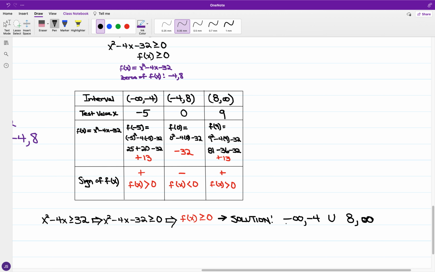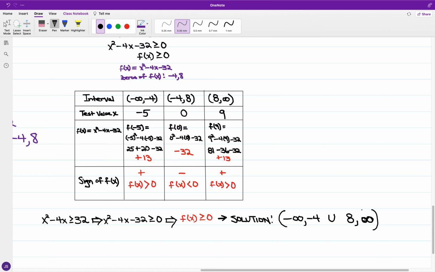Okay, and for the enclosure, regardless of whether the inequality is greater than, less than, greater than or equal to, less than or equal to, if you have infinities involved, infinities are boundless, so they're going to stay in parentheses.